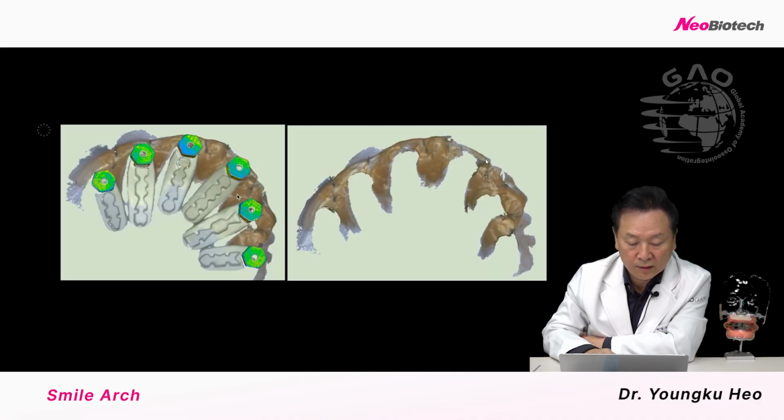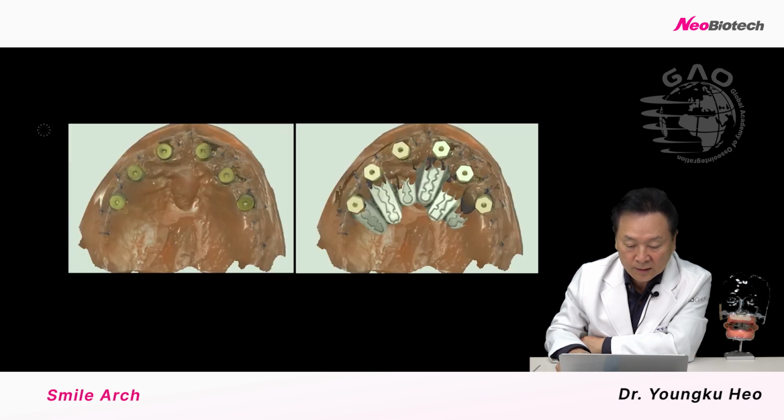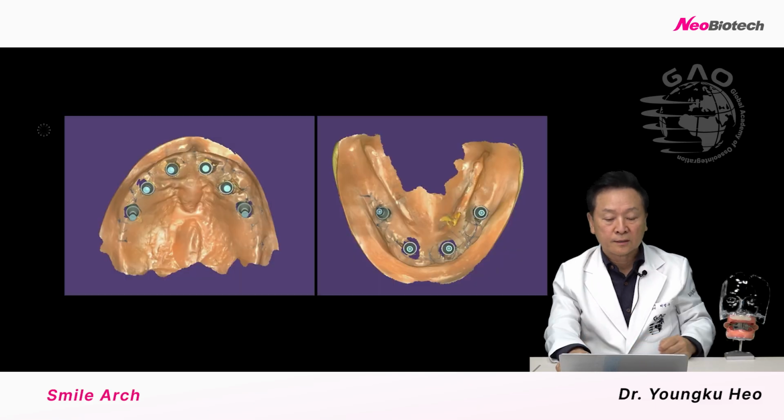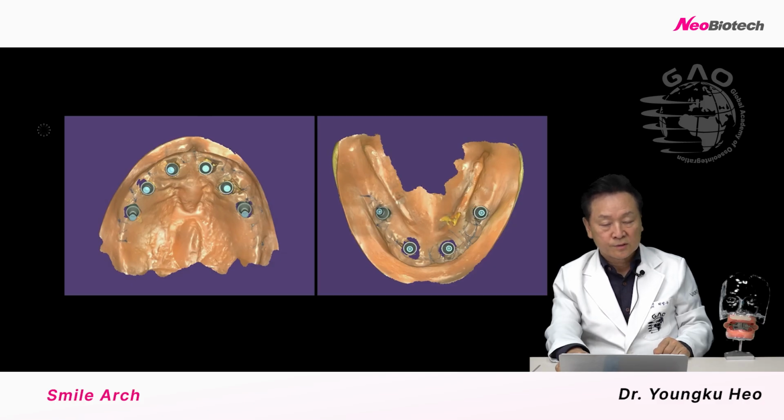So we have two data, implant position data and also soft tissue data, and we match together, and we'll get this upper and lower full arch, which is very accurate intraoral scan data.